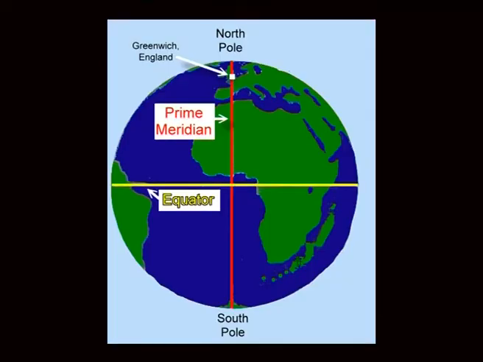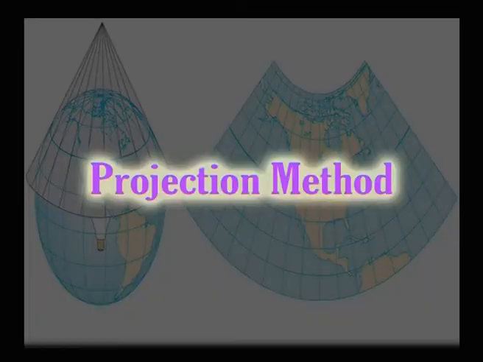This centering minimizes distortion of all properties in that region. This projection is best used for north-south areas. The state plane coordinate system uses this projection for north-south zones. The UTM and the Gauss-Kruger coordinate systems are based on the transverse Mercator's projection.